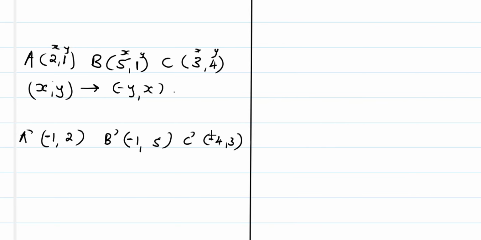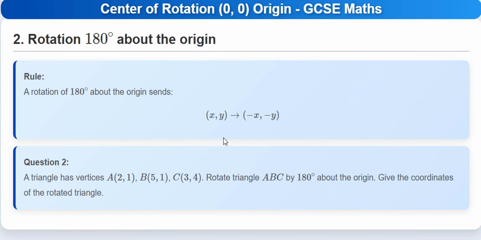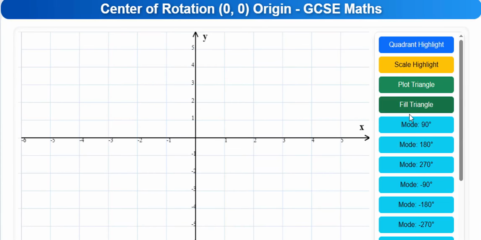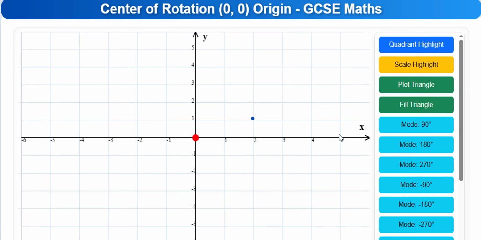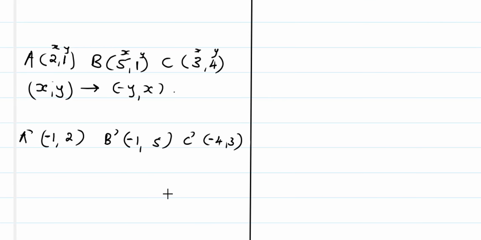And then we can go back to our Cartesian plane and start plotting them. So we start with the original triangle, where we had 2, 1 somewhere there. Then the second one is 5, 1. And then I think we have 3, 4 somewhere there. That's the original triangle. And then we can now plot the triangle rotated 270 degrees clockwise, which is negative 1, 2.